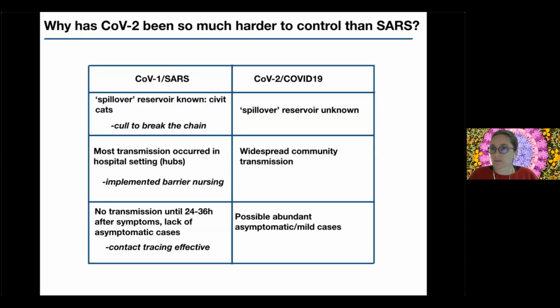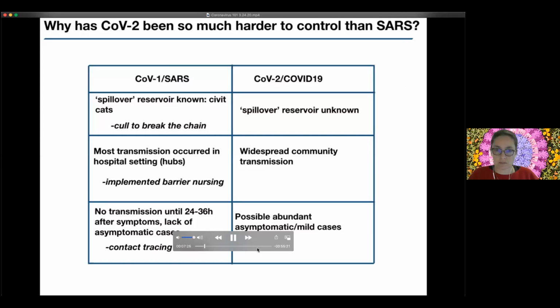Unfortunately for CoV-2, the situation is very different, both in that there are possible and likely maybe abundant asymptomatic cases, and further screening will be needed in order to confirm that, certainly abundant mild cases, which are furthering transmission in the human population. Now, keep in mind that this lecture was given about a month ago. So now I think that the evidence is pretty clear that there's asymptomatic transmission of CoV-2.